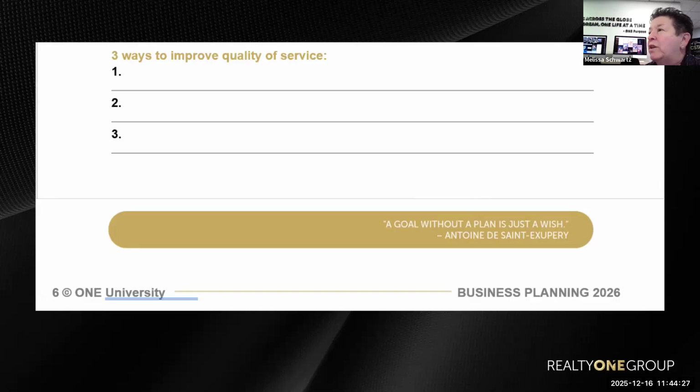What's another way to improve quality of service? What's one of the top things you need to do as an agent? And are you doing your best at it? What's the number one thing that on any of the NAR reports they say is lacking from agents? Does anybody know?